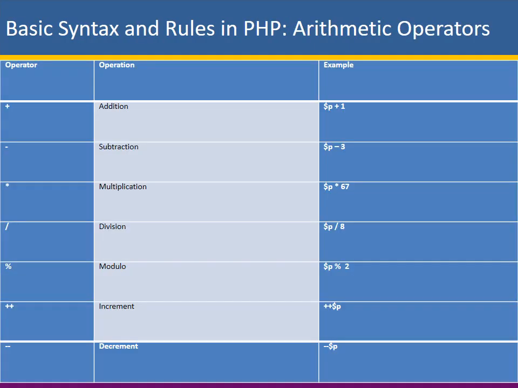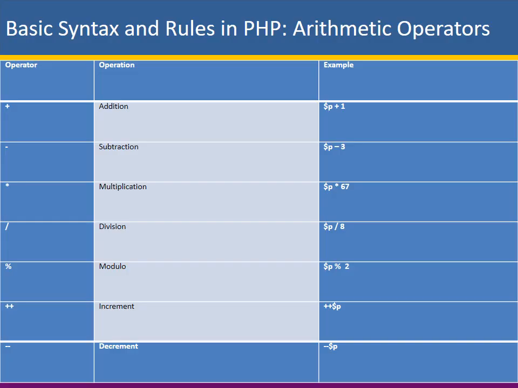So this is the example for the arithmetic operators in this table. We have the operators and the operation. We have the plus, which is the addition, and the example of how to use the addition operator, starting with dollar sign p plus 1. We have the subtraction, with minus as the operator, with the example dollar sign p minus 3.